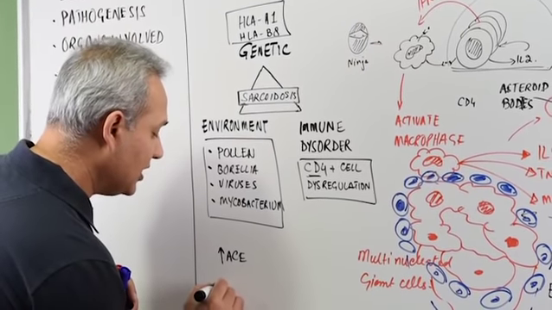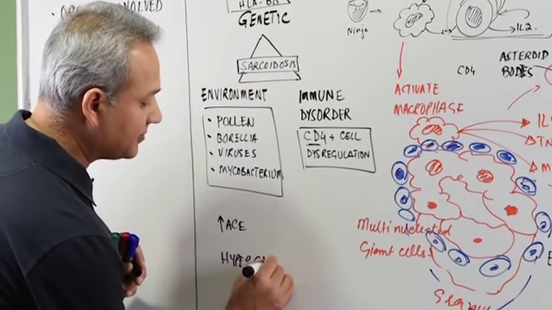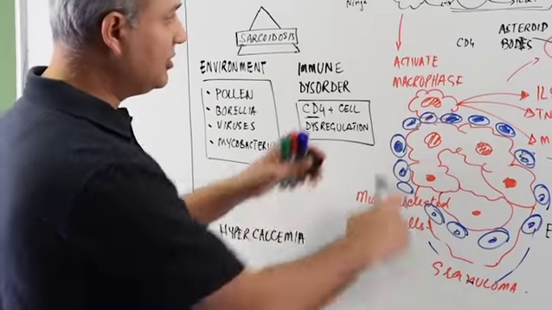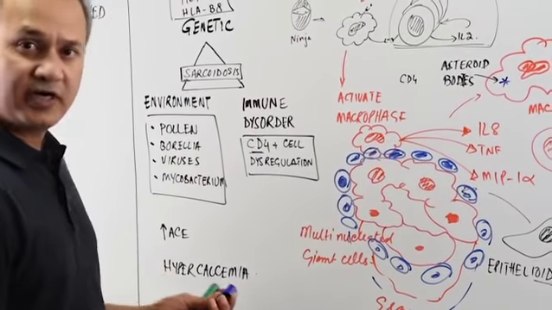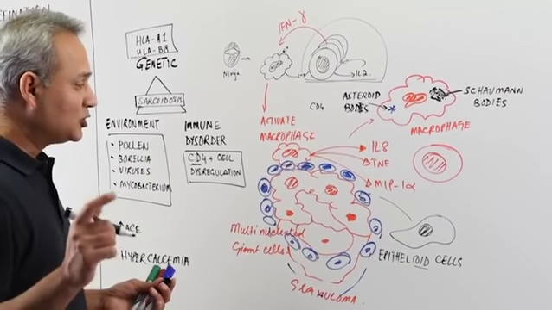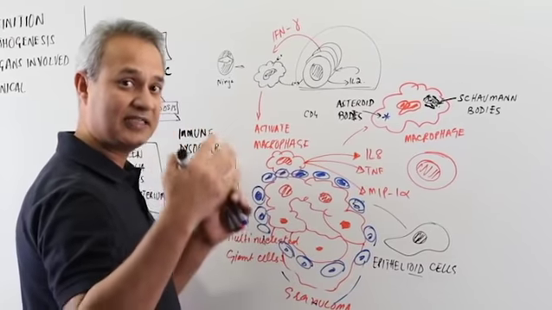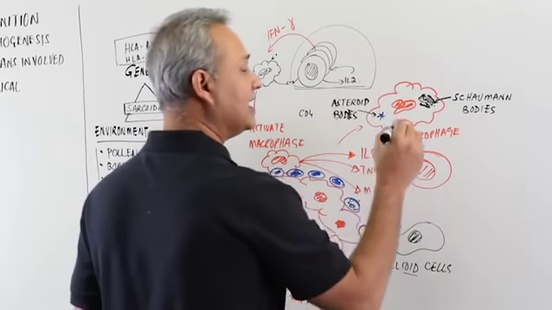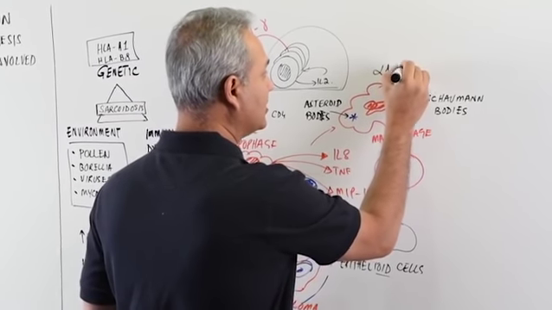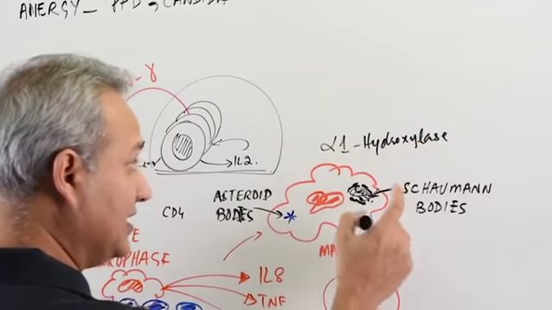At the same time, there is hypercalcemia. Can you tell me why hypercalcemia? Look at this all and tell me why would we have hypercalcemia? So what happens is that these giant cells, these epithelioid cells, these active macrophages, they create alpha-1 hydroxylase. So alpha-1 hydroxylase is increased.